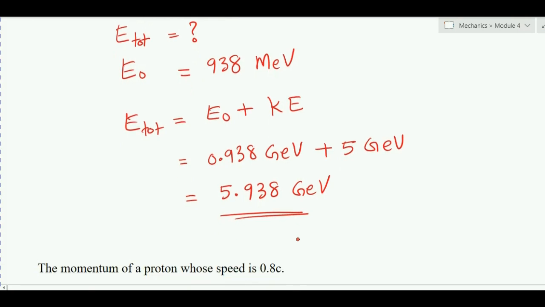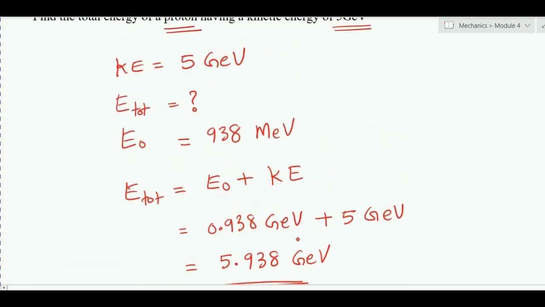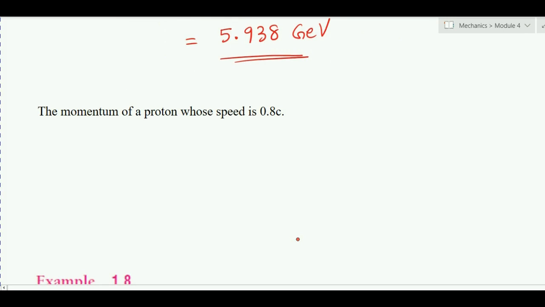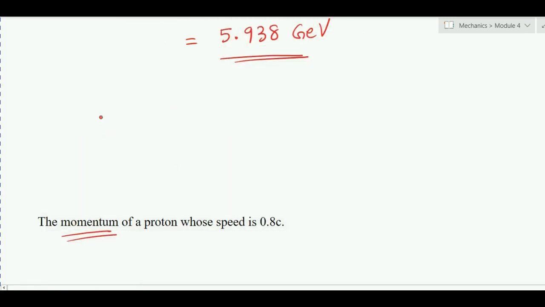Like the case of mass and energy, we can also get a new unit for momentum. In the case of momentum, we know that momentum is E by c.